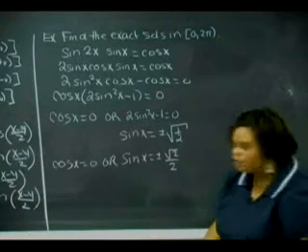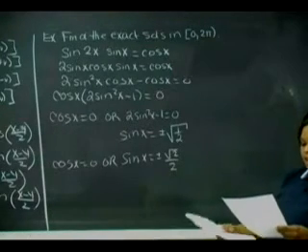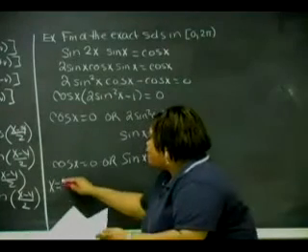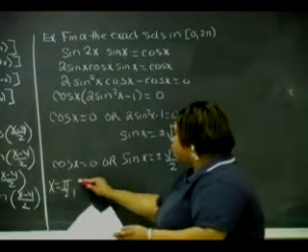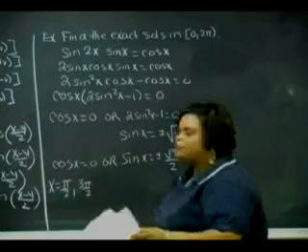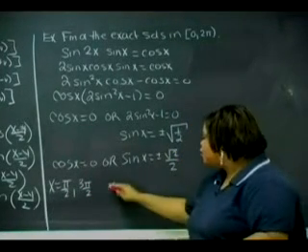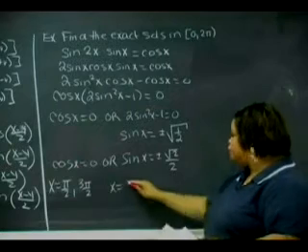So, we look back to our unit circle. Where is cosine x 0? Pi over 2 and what? 3 pi over 2? Where is sine x plus or minus the square root of 2 over 2?